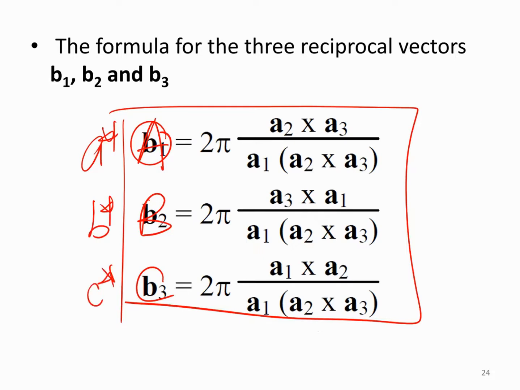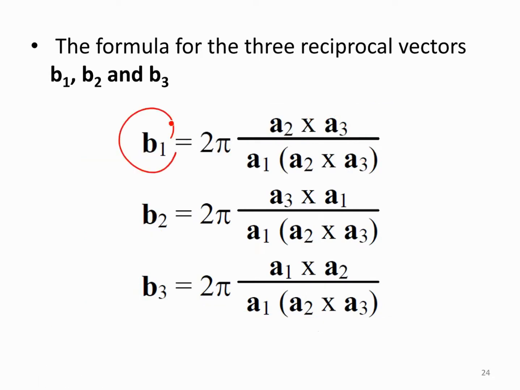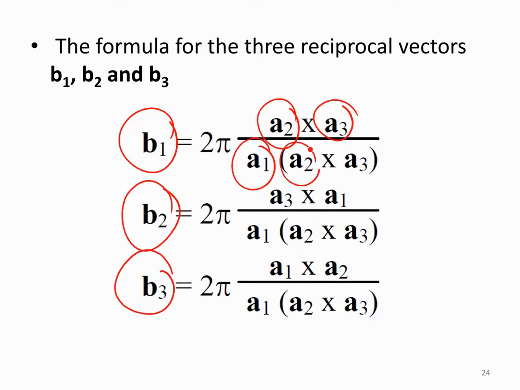So if you still remember, in the last chapter we studied that reciprocal a equals 2 pi times real b cross product with real c, over real a dot real b cross product with real c. Exactly the same. Okay, so this is reciprocal a, reciprocal b, reciprocal c. Remember this equation.